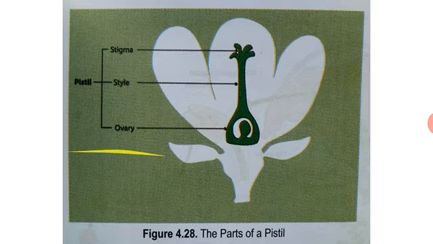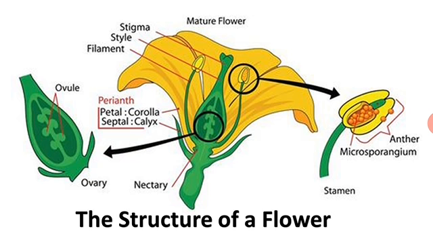Let's go back to the main structure of the flower. Next is the receptacle. The receptacle supports the entire flower, while the peduncle or the stalk connects the flower to the branch of the stem.